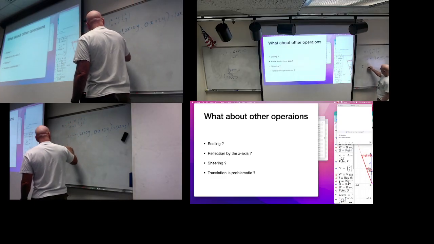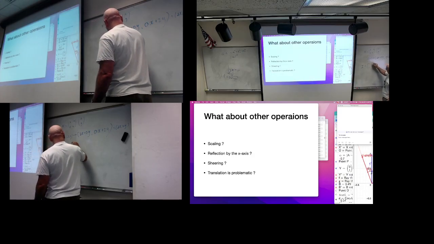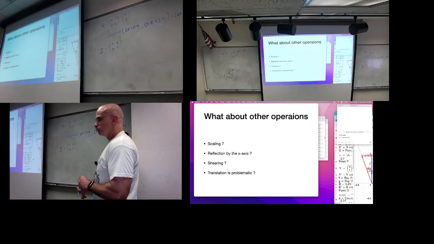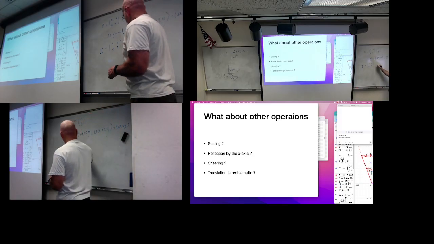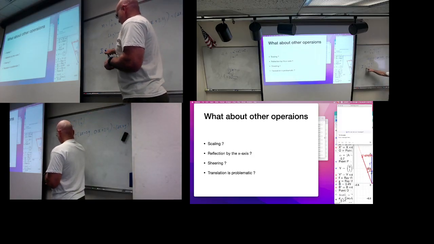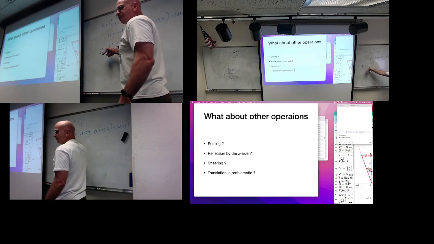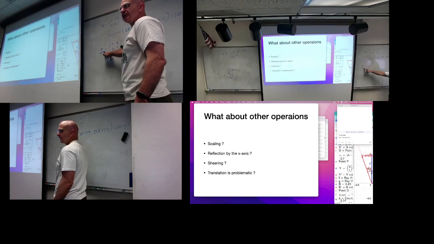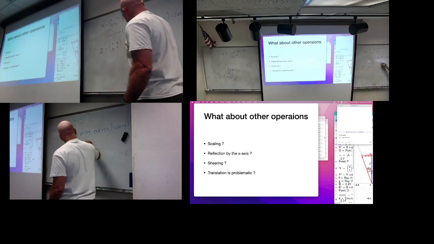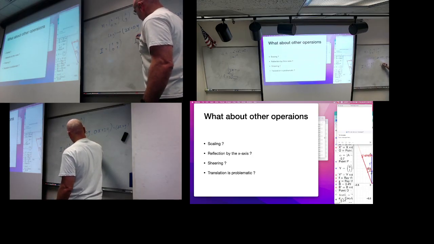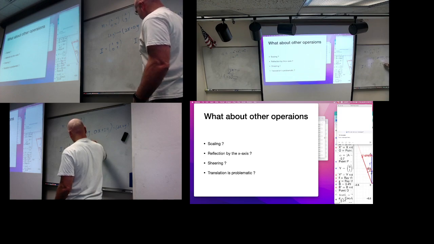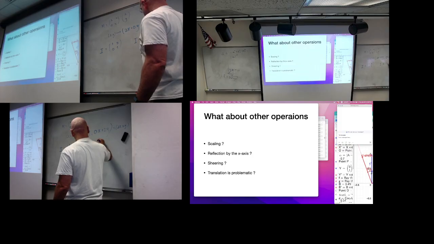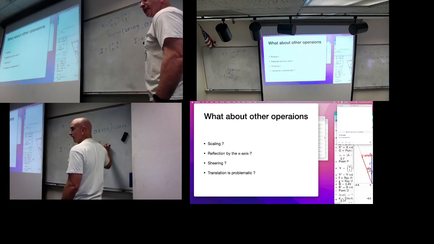Let I be the following matrix: 1, 0, 0, 1. What is noticeable for this matrix, also called the identity matrix? Take the identity matrix I and multiply it by any vector, and you'll get nothing but the vector U again.